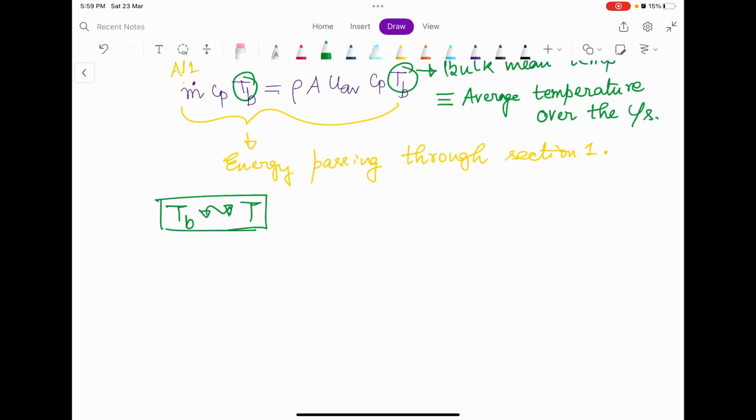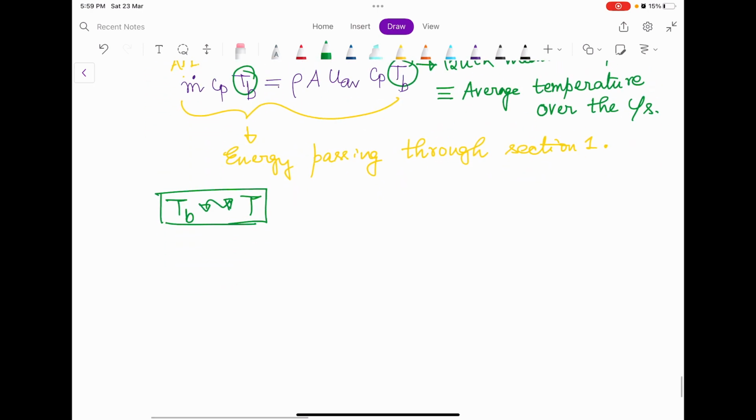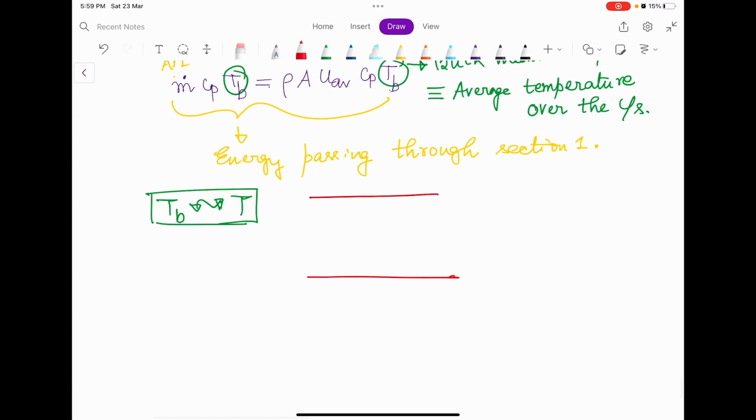Now let us integrate. So I have this pipe, and if I draw the 3D cross section here, it will look something like this.